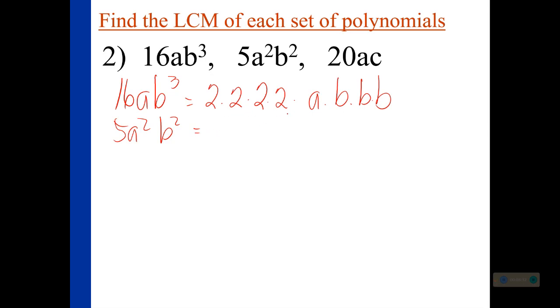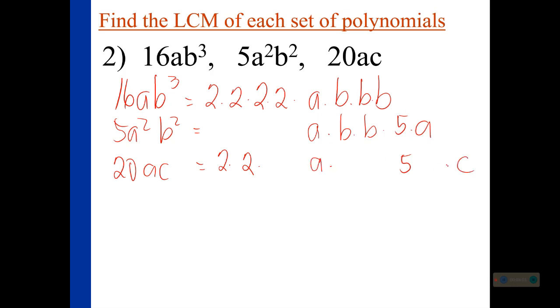So we have 5 here. We have no 5 in the first, so you may also have here 5. And then we have here a times a times b times b. And then for 20ac, let us have the factors. We have 2 times 2 times 5, and then times a times c.